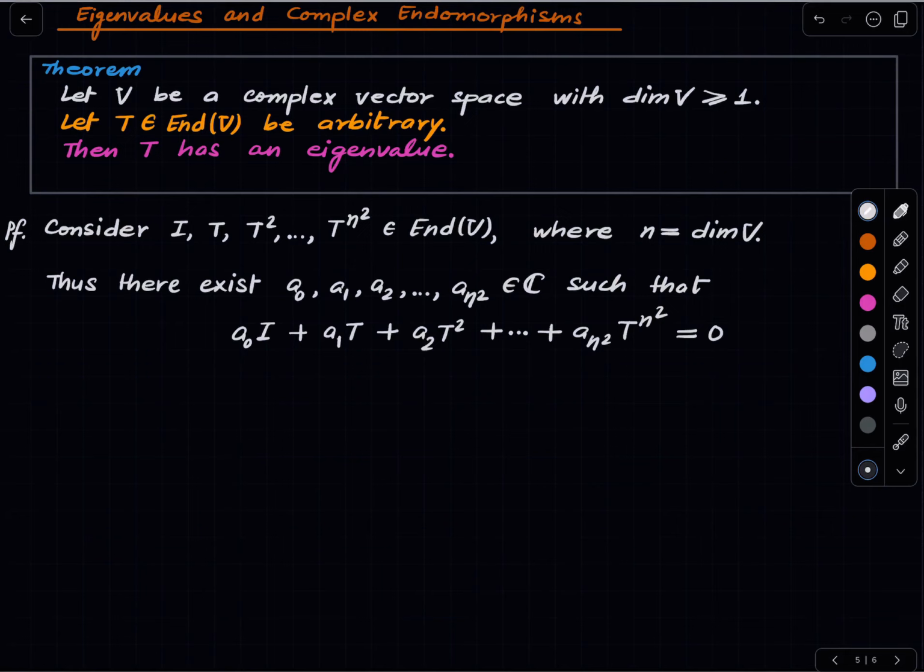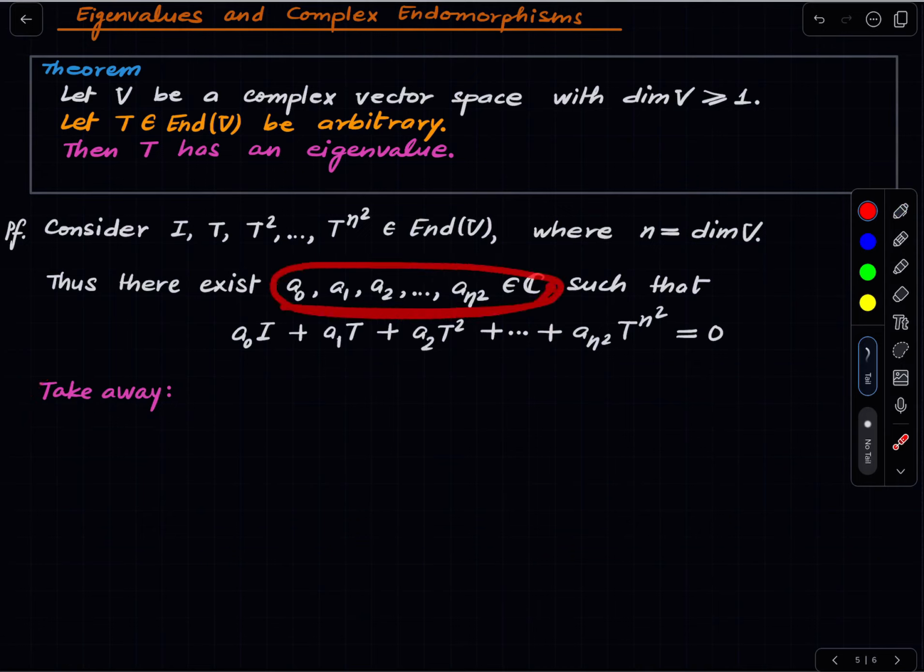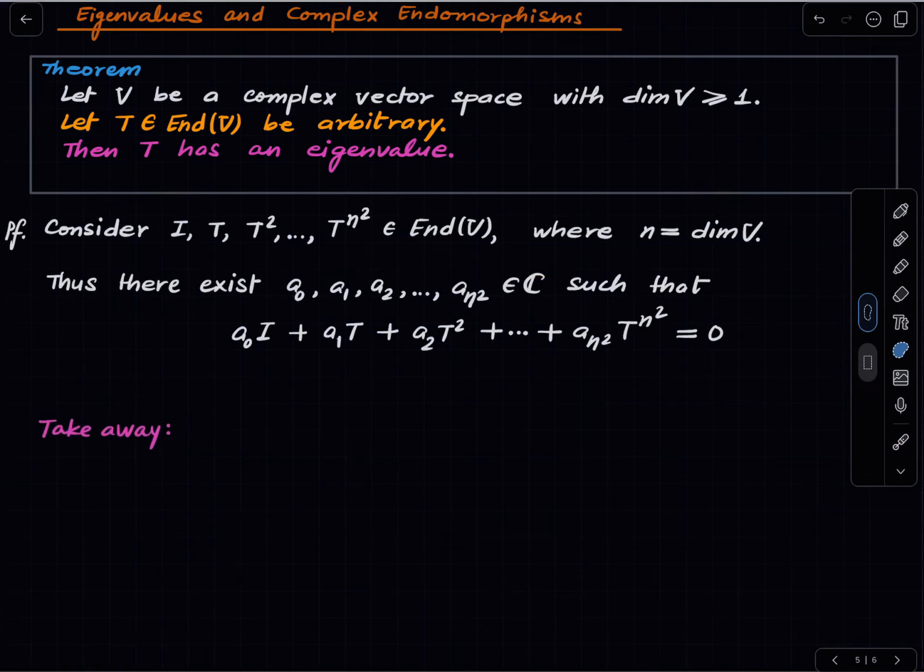Okay, so here is the takeaway. Before I mention this, there exist scalars, not all of them are 0. I should write it because otherwise the statement is not carrying much weight.